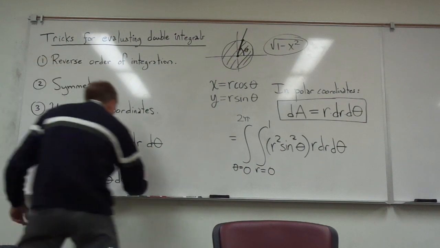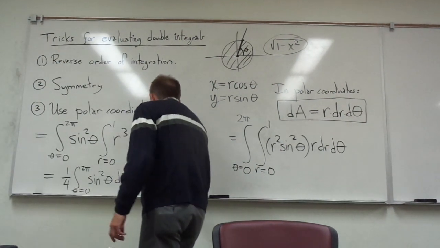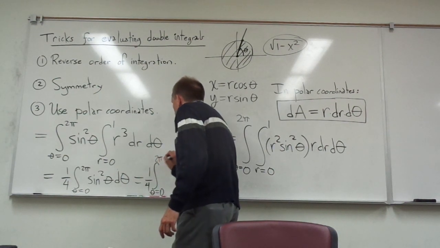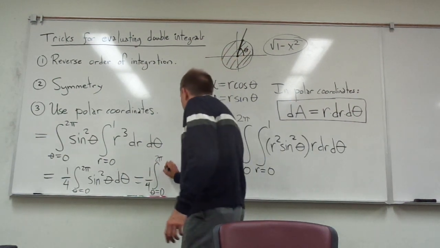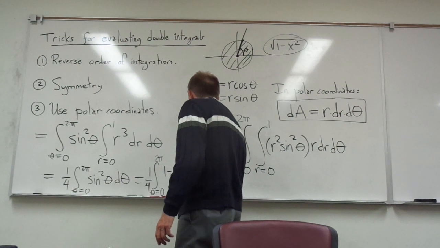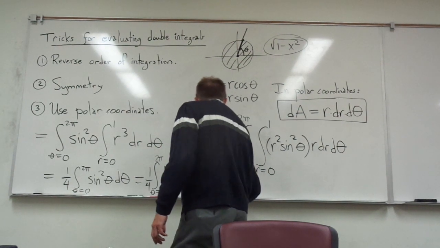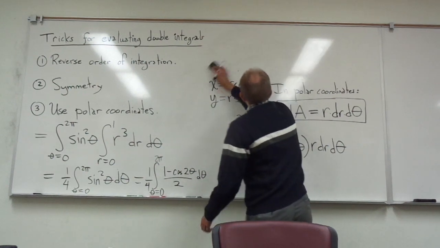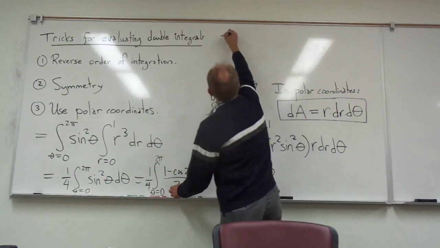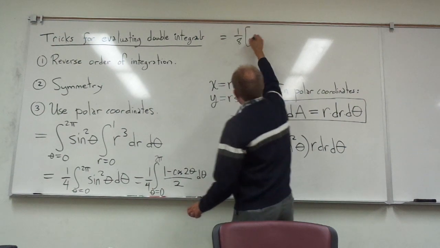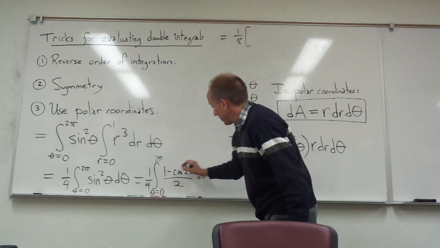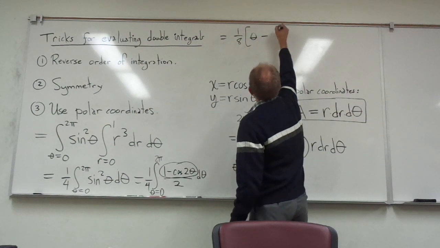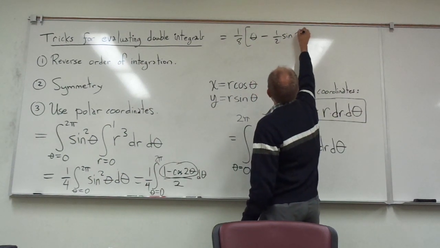And the way that you do that integral, you may remember from your previous math class, is you use a trig identity to write that as 1 minus the cosine of 2 theta all over 2. That's just a trig identity. If I pull the 2 out, I'm going to get a 1/8. Now I'm just going to integrate this: theta minus 1/2 of the sine of 2 theta.